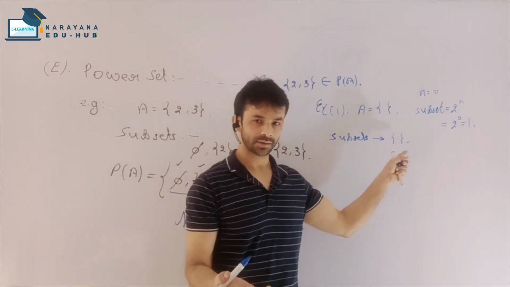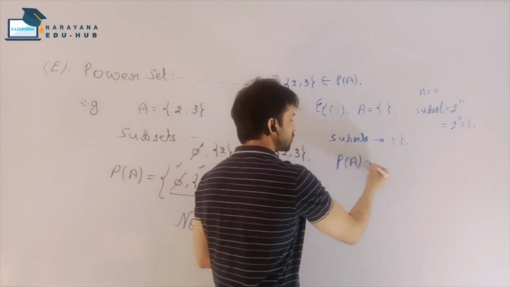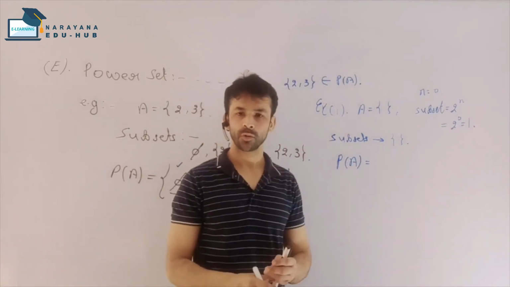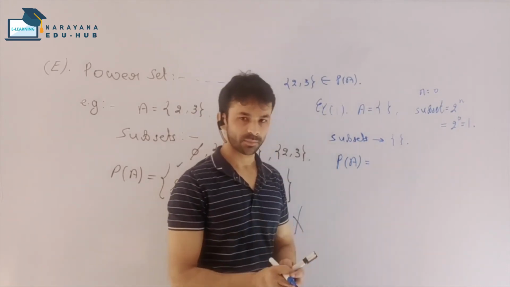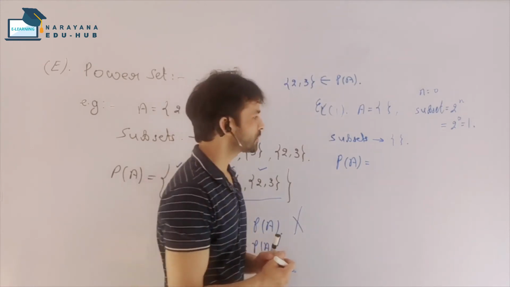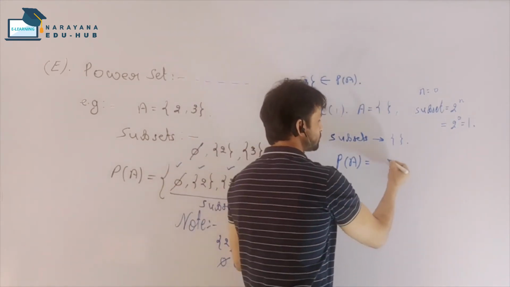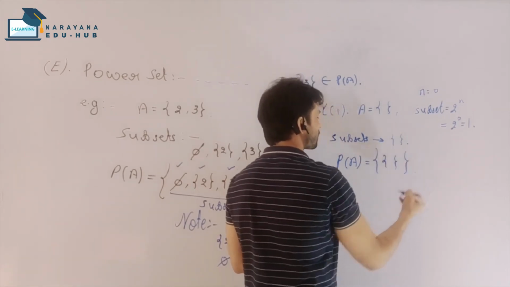Only phi set. Okay. So if I have to write PA, then what I will write? Most of the students actually make some mistake for the very first time. But you won't be making, I know that, because you are here, right? So firstly this and set of this, set of this.